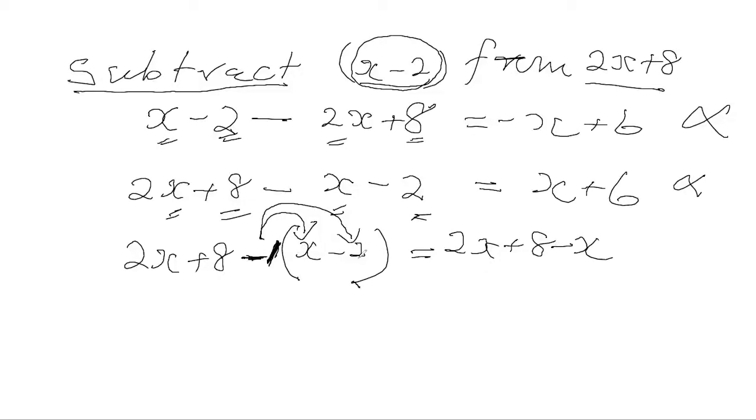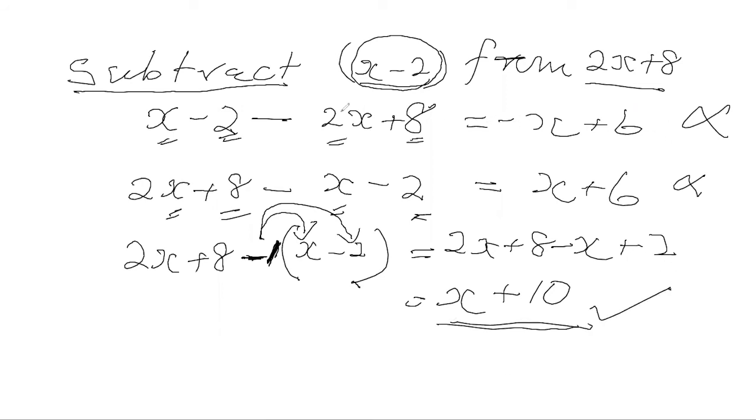Negative 1 times negative 2, negative times negative is positive. So then you get positive 2. Then you do like terms, 2x minus x is x, 8 plus 2 is 10. So this is the correct answer.